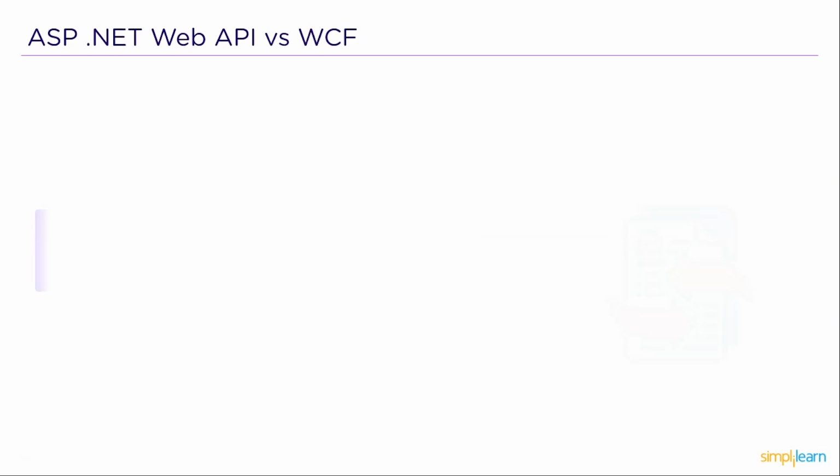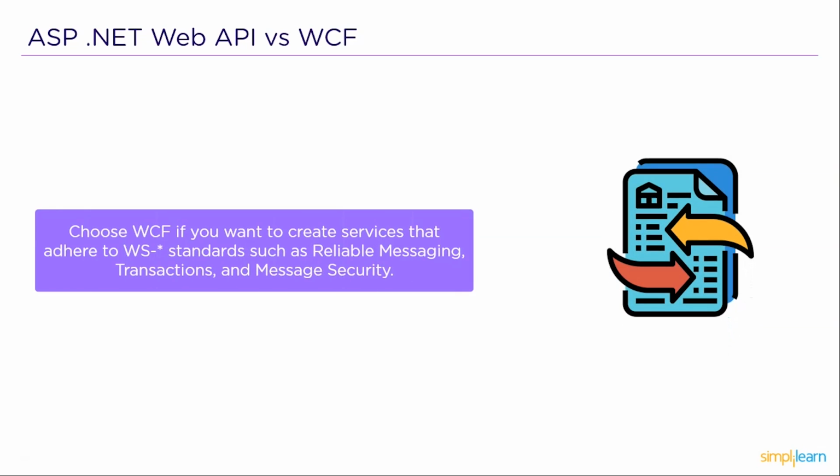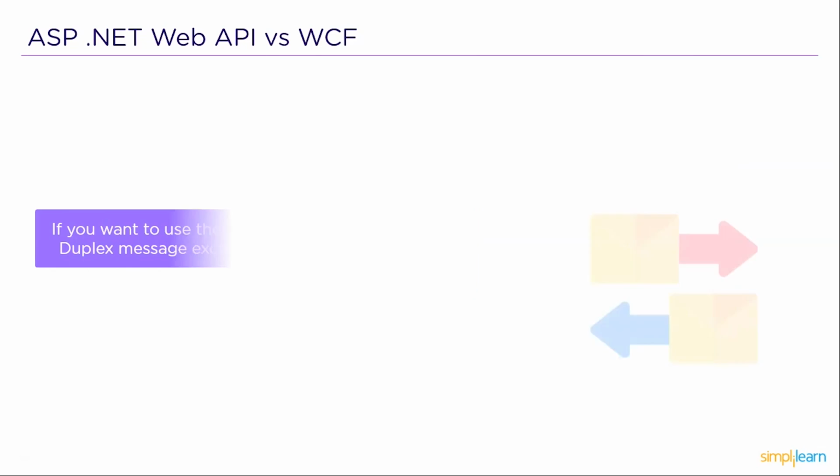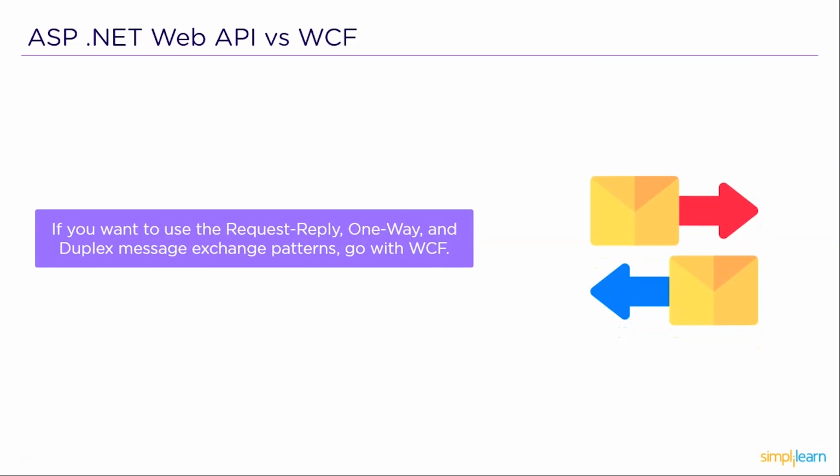Following that, we choose WCF if we want to build services that adhere to WS-star standards like reliable messaging, transaction, and message security. Finally, if we want to use the request-reply, one-way, or duplex message exchange patterns, then we go with WCF.